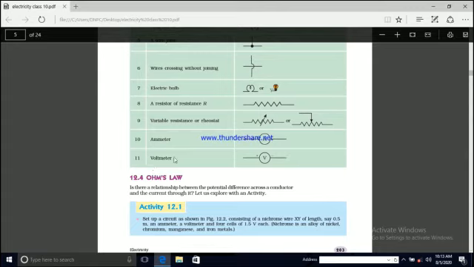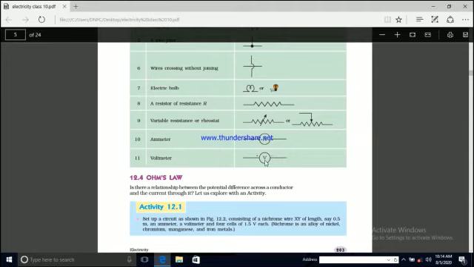Then the last instrument is the voltmeter. What is the use of a voltmeter? A voltmeter is used for measuring the potential difference across an instrument. Here the voltmeter also has two terminals, one positive and the other negative. Always don't forget to denote these symbols, plus and minus. The plus symbol represents the positive terminal of the voltmeter, and the minus symbol represents the negative terminal.